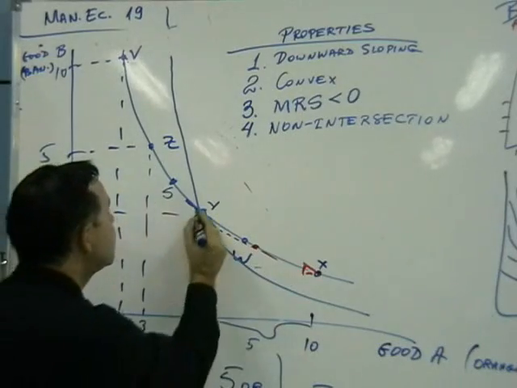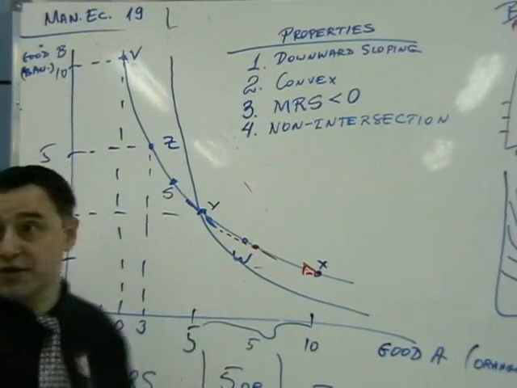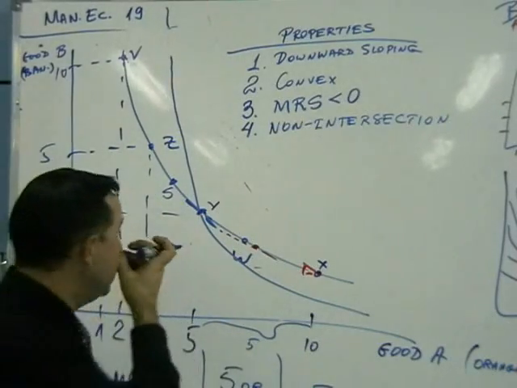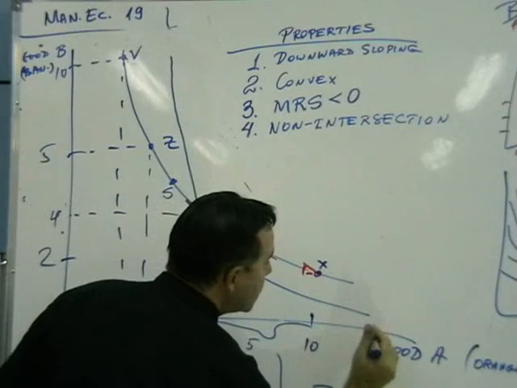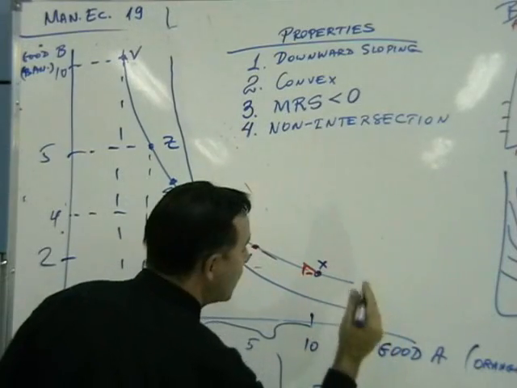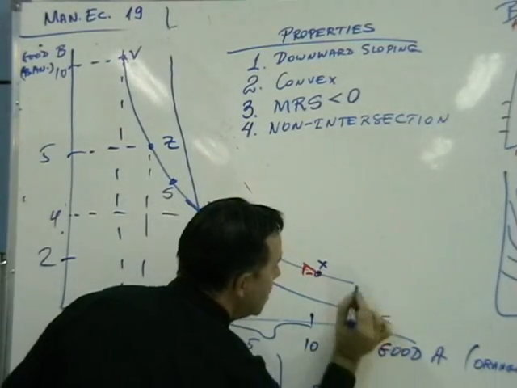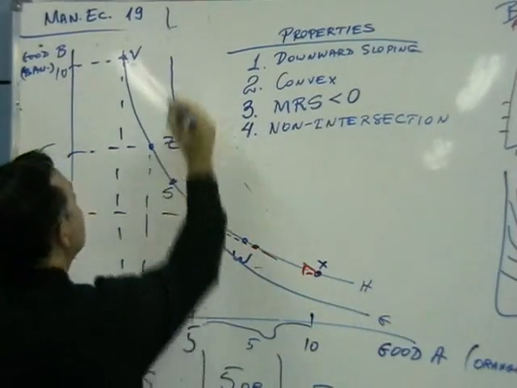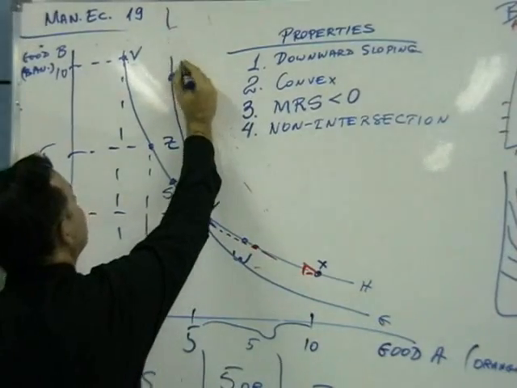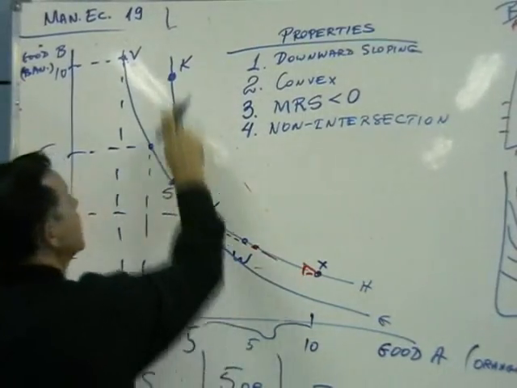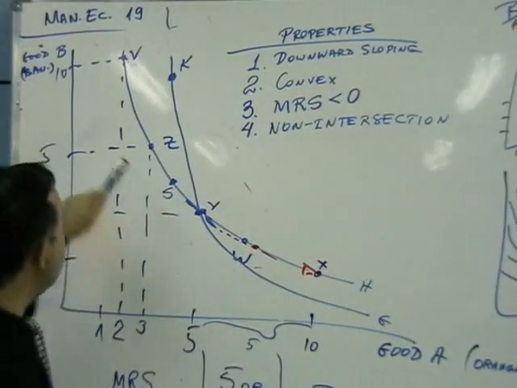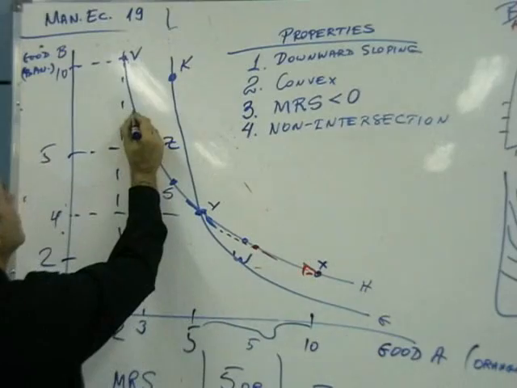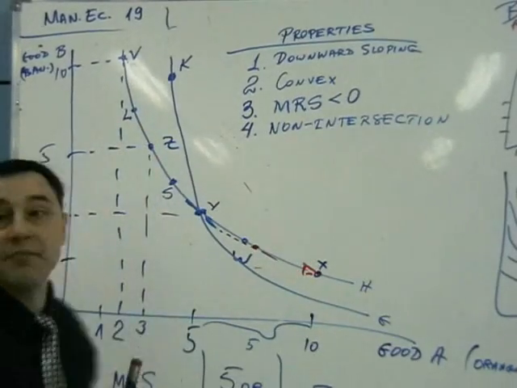If they intersect, this means that at the point of intersection, the person has the same utility, right? Well, let's call these curves G and H. For curve G, this point here and this point there, K, has the same utility. And for H, here we'll put L as the same utility.